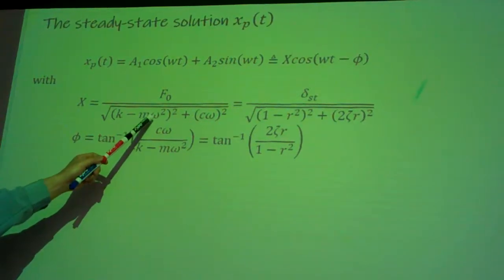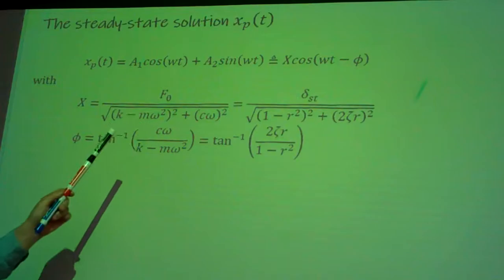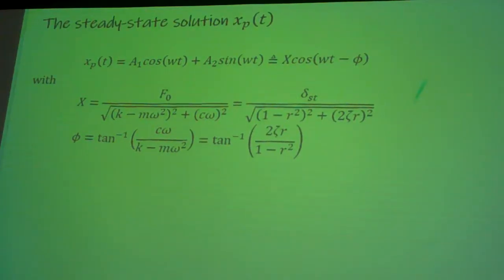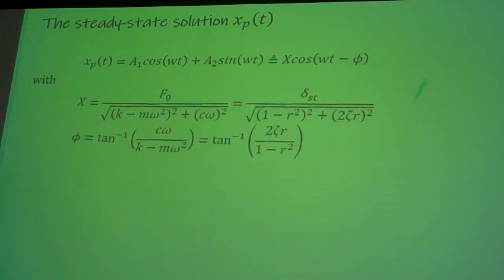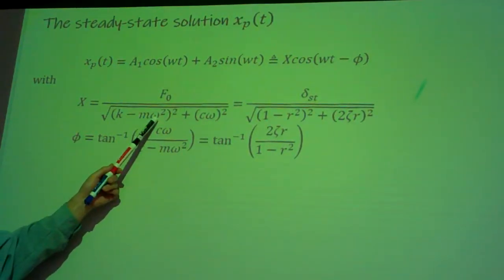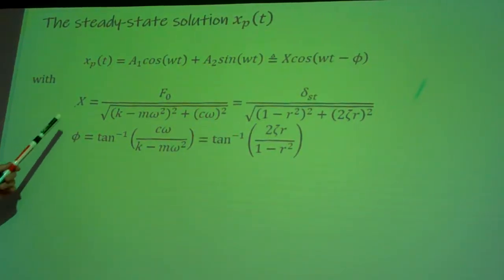Again, the working frequency, like I mentioned to you, is a parameter usually designed by engineers. You can choose omega to, say, have the system approaching resonance, or you can choose omega such that the system has the minimum amplitude, or whatever the reasons. So basically, omega is the number you can choose. Okay.